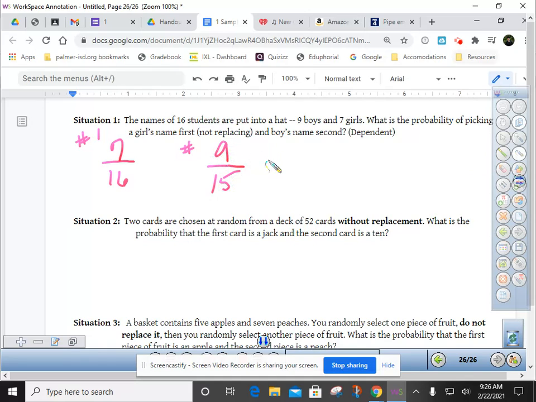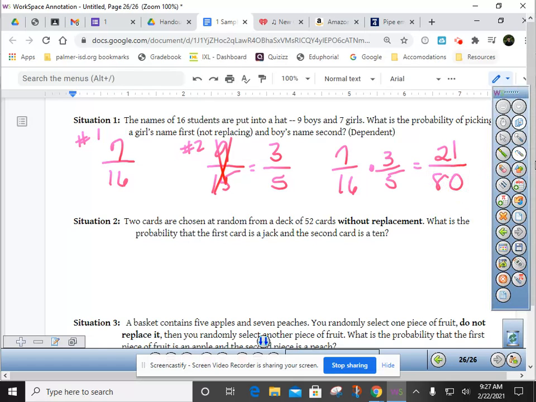9. The way you do compound probability is you multiply, but before I multiply, I like to make sure all my fractions are in lowest form. So is this lowest form? You divide it by 3 and it gives you 3/5. This is event number 2. Okay, so we're done with 9/15 and now it's 3/5. So now to do compound probability, you multiply. How do you multiply with fractions? Straight across. And is that lowest form? Yes, it is. Do you see what I did there?